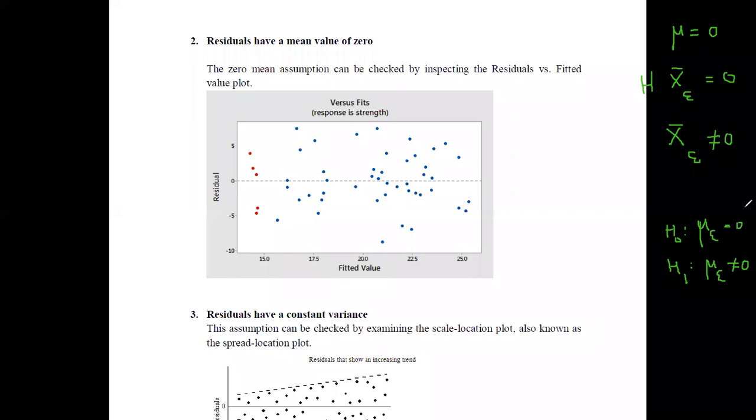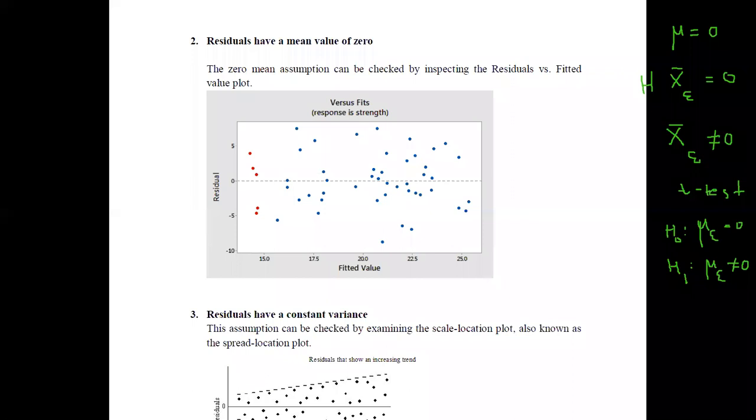This is the test we can use. We can use the t-test for this hypothesis, or else simply check the residuals versus fitted value plot to identify whether the mean value is 0.